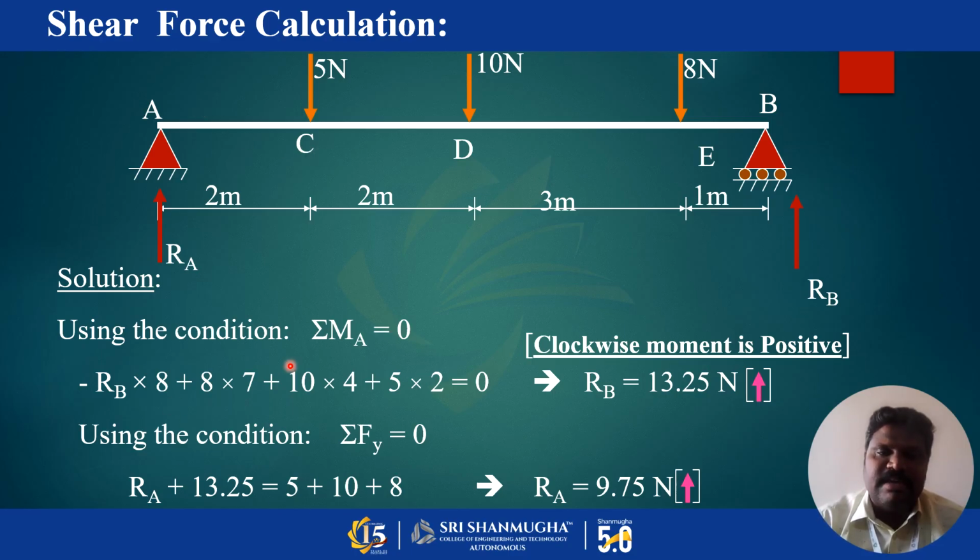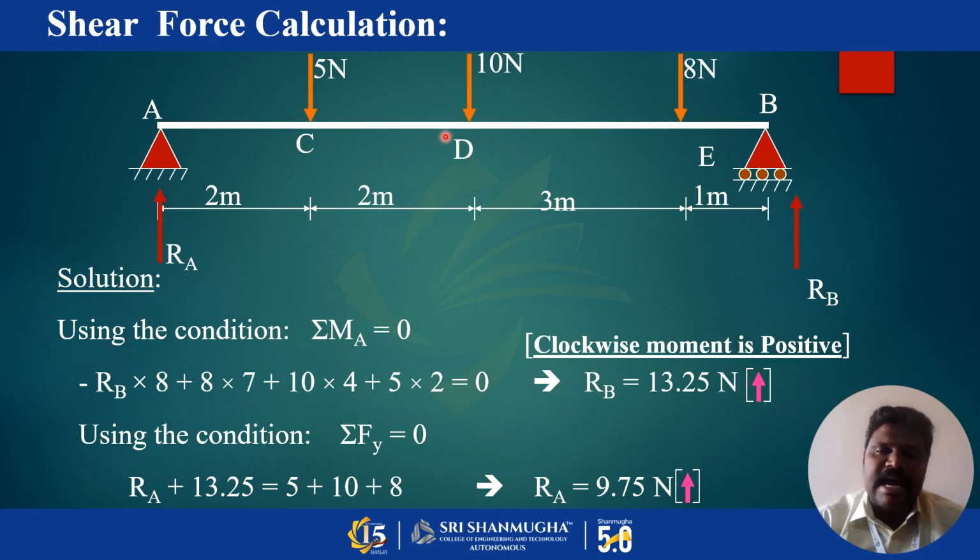So 8 into 7 clockwise, then 10 into 4, the distance from A to D. Moment is force into the corresponding perpendicular distance with respect to the line of action of the force. I am calculating the moment with respect to the point A.